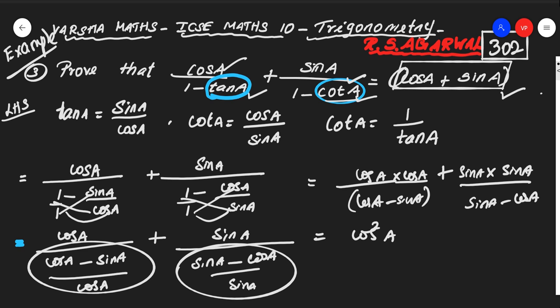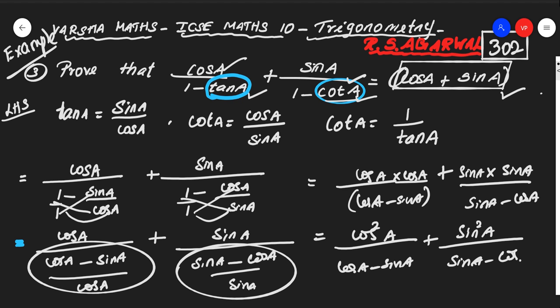So we have cos square A by cos A minus sin A plus sin square A by sin A minus cos A.